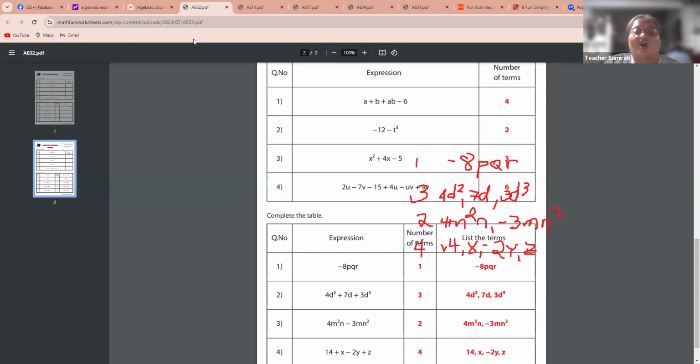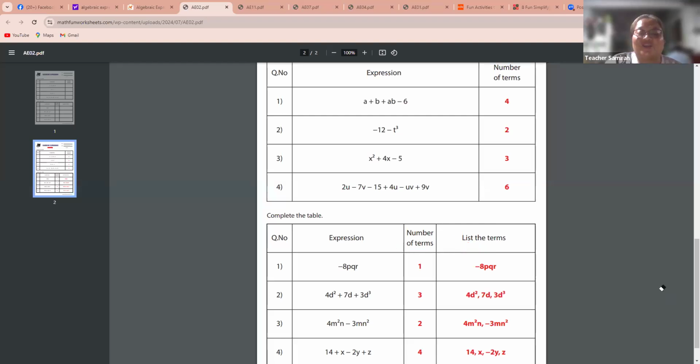Okay, question. Were you able to understand the lesson or not? It's kind of confusing because in an expression like number 4, there's negative 2y, so I always ask, is it 14 plus x minus 2y plus z, or 14 plus x negative 2y plus z?